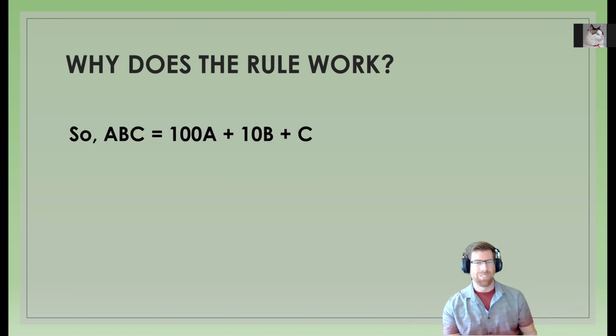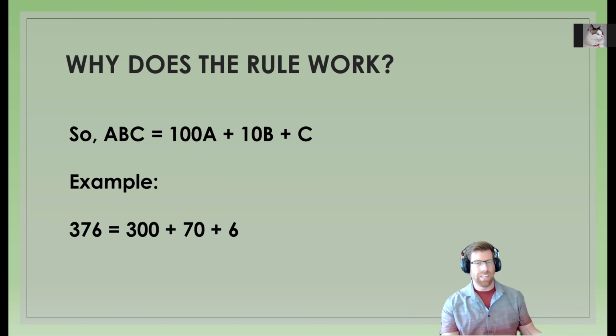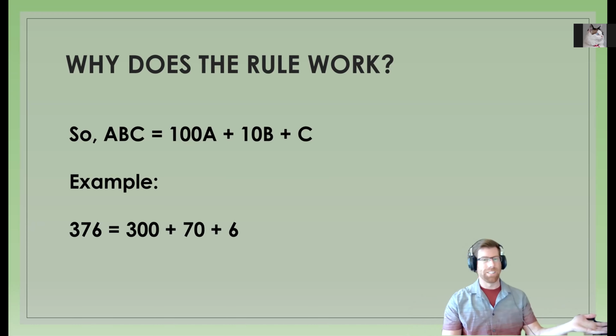So interesting tie-ins to things that we've learned before that maybe we didn't mention, in regards to arithmetic. So an example: 376 is 300 plus 70 plus 6. I think it's pretty straightforward. So good refresher.